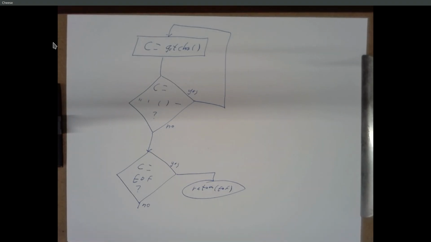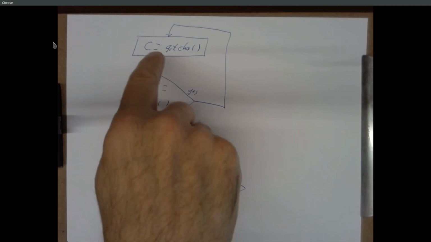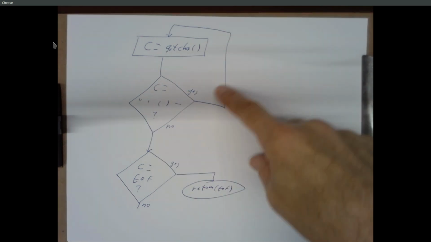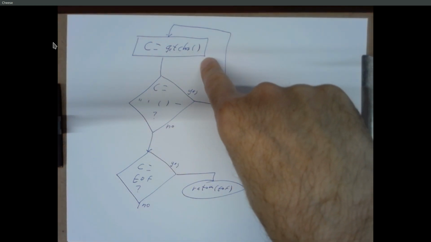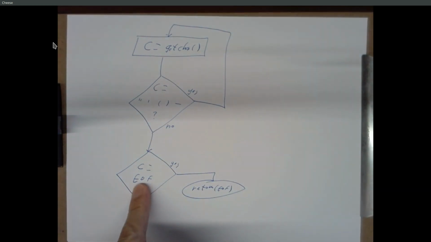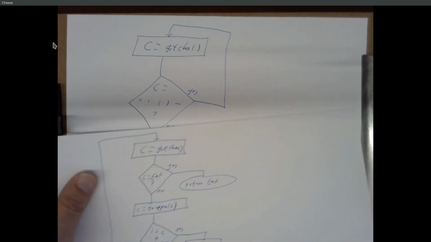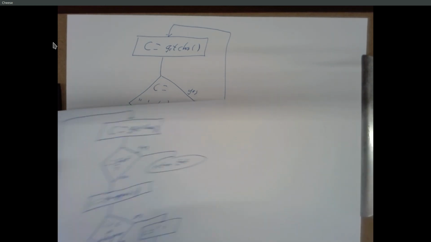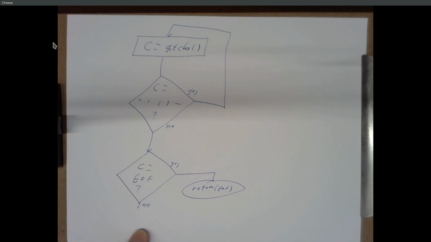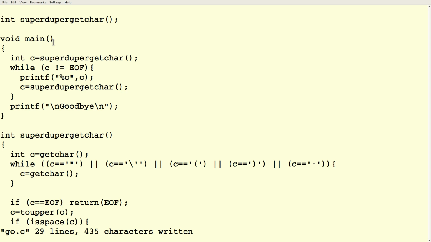So we've coded our function like this: get a character. If it's a character we should ignore, go back and get another character. So this will potentially loop a bunch of times until we get a character that's not one of these special characters we're ignoring. And then we go on with our original flow chart, which says is it end of file? If it is, return end of file. If not, call toupper or see if it's a space. If it is, change it to a single space, and so on. So we've just added a while loop in the beginning here.